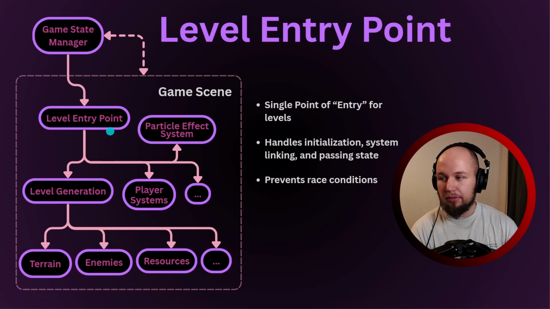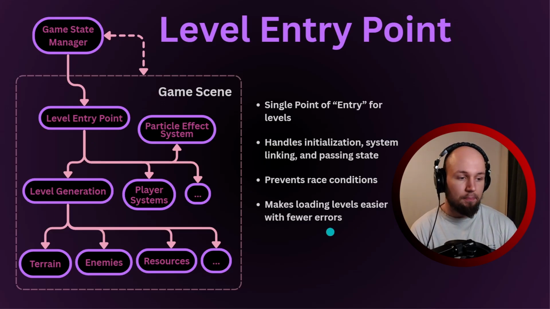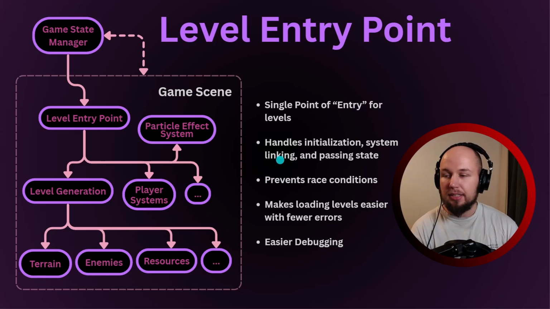And having a script that handles initializing everything in the level in the right order is super important, at least for my games it has been. It basically makes loading in levels much easier, and there are fewer errors and problems with the loading. And it makes it so much easier to debug.